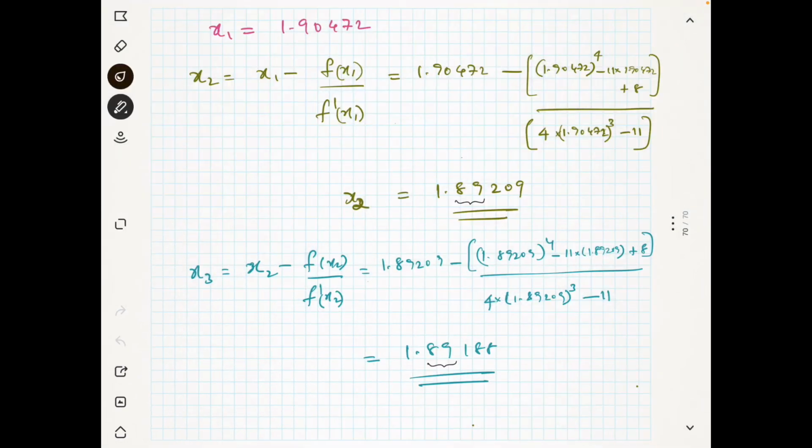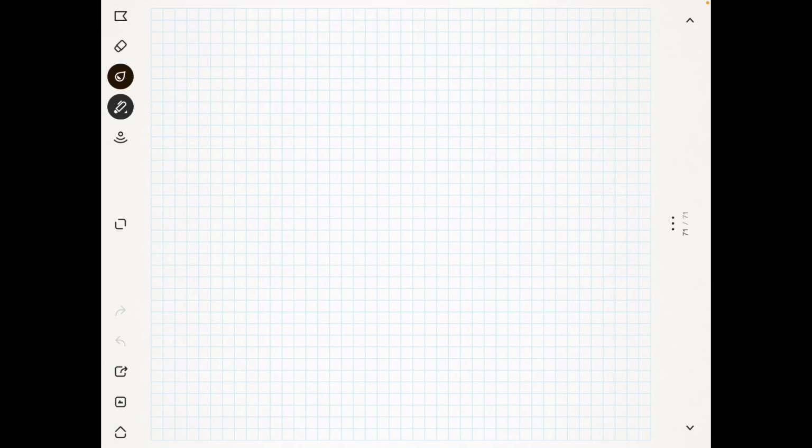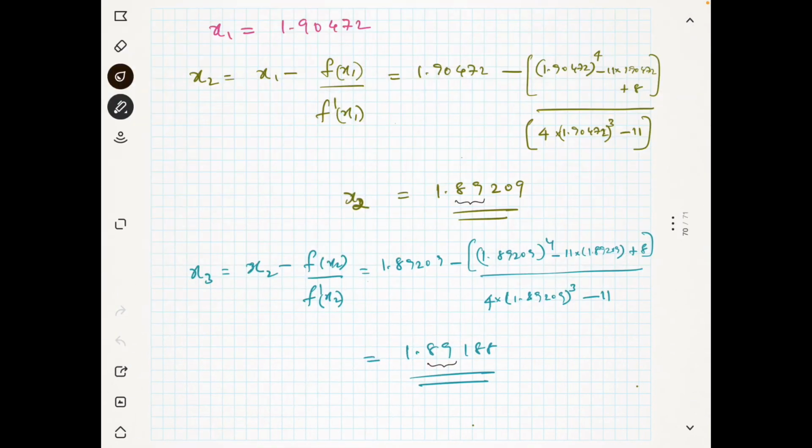Now we have to find x4. x4 is equal to x3 minus f of x3 divided by f dash of x3. We have just found x3.